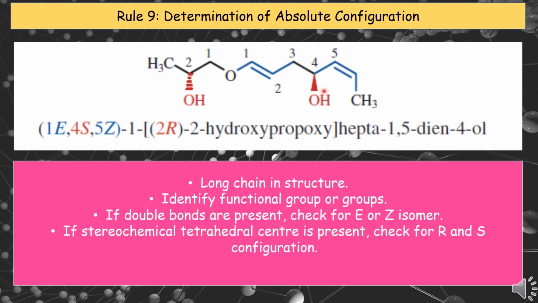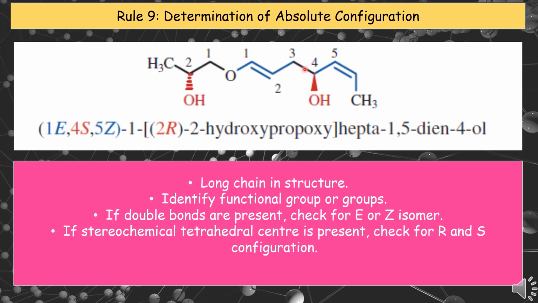And we have another stereochemical tetrahedral center on this side. According to the numbers, we have to give the prefixes. At position 1, it is trans. The same priority groups are at the trans position, so the name will be E. 1E. Then the 4 position is the stereochemical center.